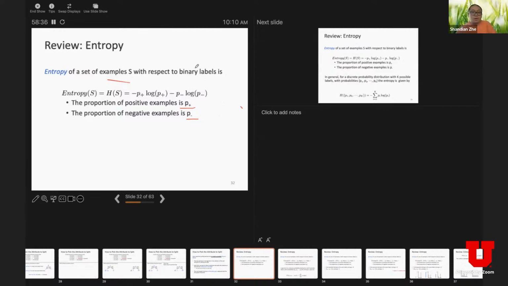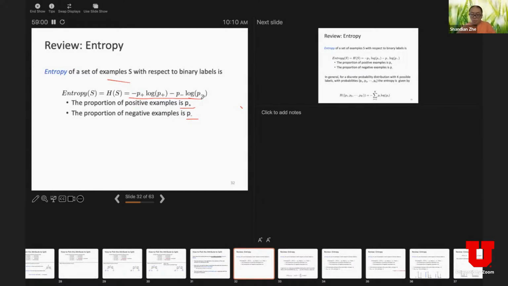Then the entropy is defined as negative P positive log P positive, minus P negative log P negative. Don't ask me why it's defined like that. It actually has a very strong reason, but it's out of the scope of this class.